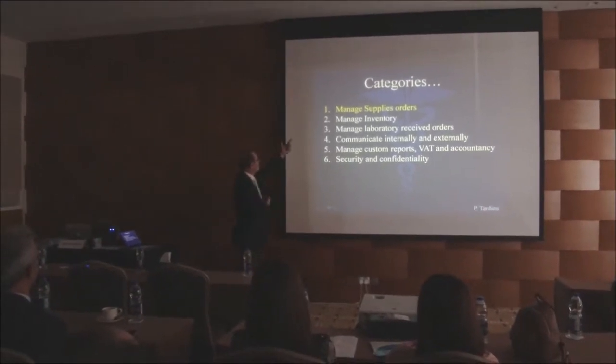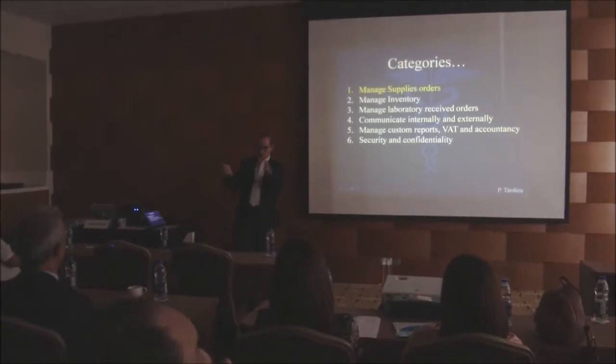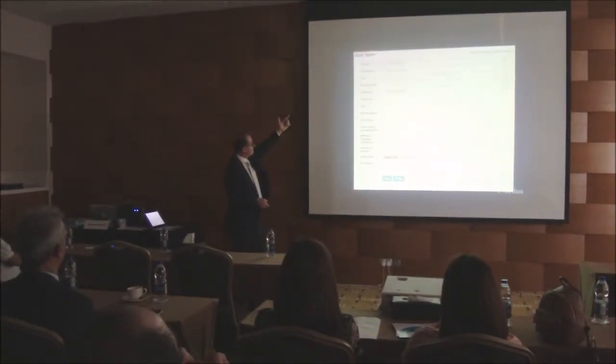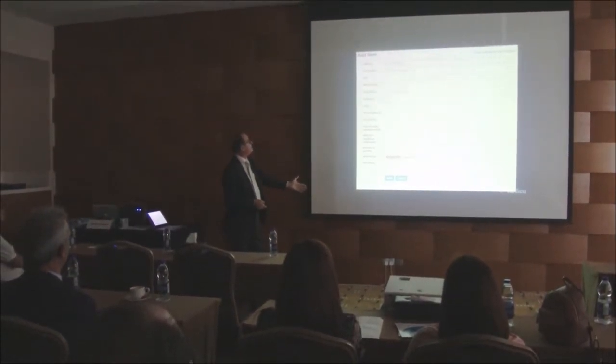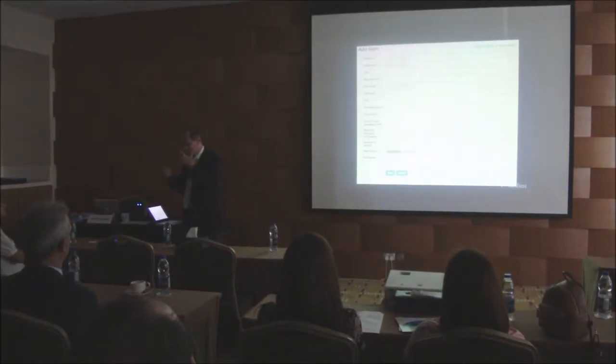Okay, so let's go to manage supply order. So this is valid on the dental and on the lab. So you have items, and one item you will fill all these things, okay? The category, the subcategory, we have a category and subcategory. For example, I have implants.